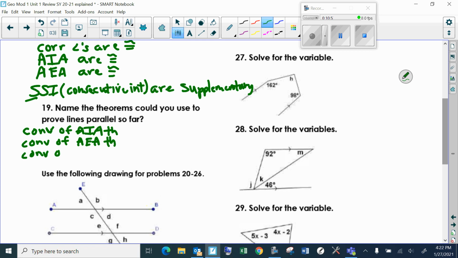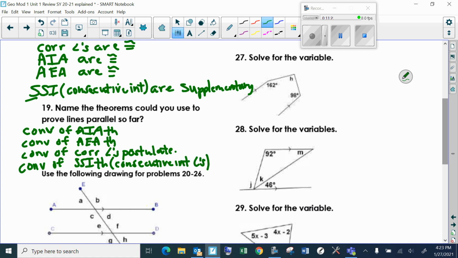Converse of corresponding angles postulate, and converse of SSI theorem, also called the consecutive interior angles theorem.